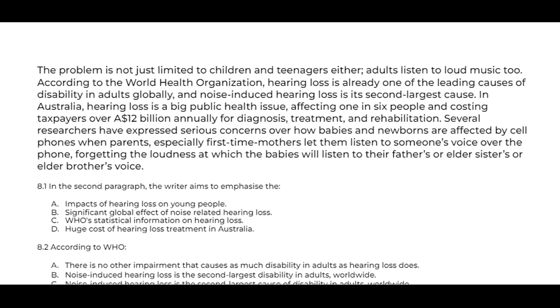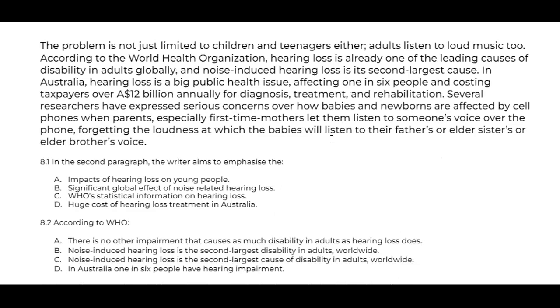We have got 2 questions to complete, 8.1 and 8.2. Complete them within a maximum of 2 minutes or 1 minute and raise your hands.